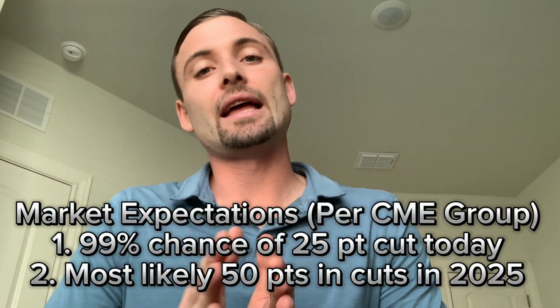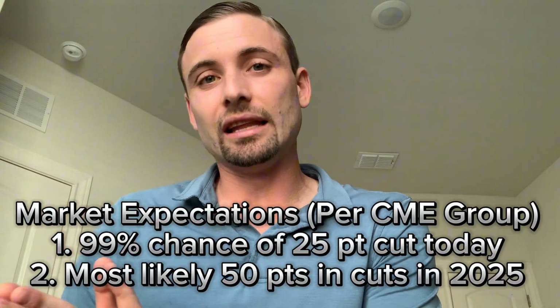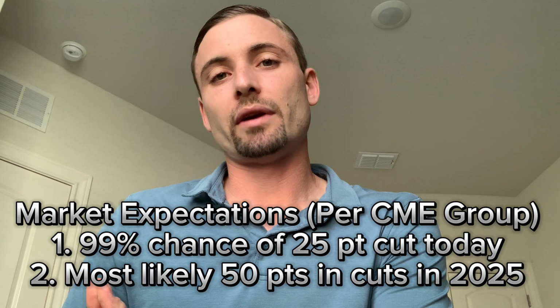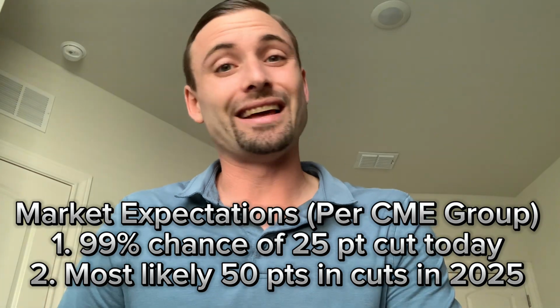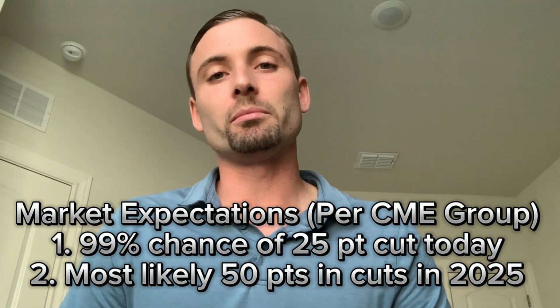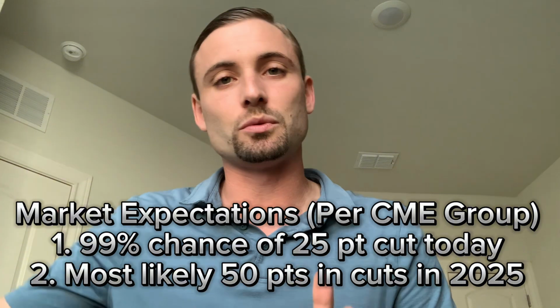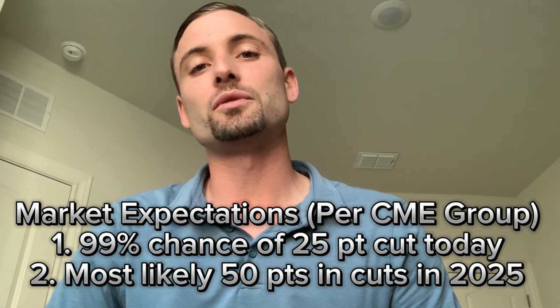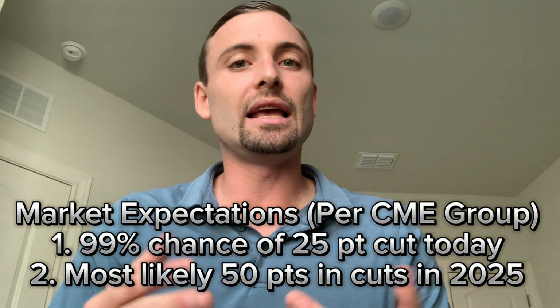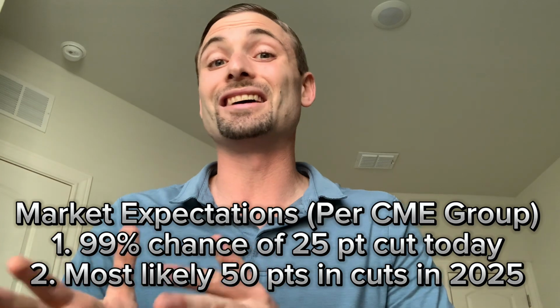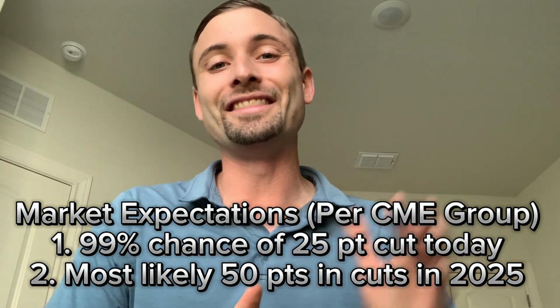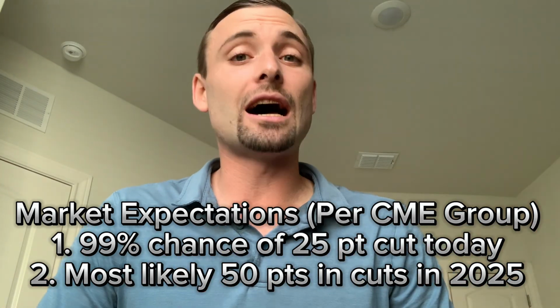So as of right now, market is expecting a rate cut today and then most likely another 50 points in rate cuts in 2025. Now it's very far from a consensus, as is usually the case when it's a year out projection wise. However, it's still noteworthy that this is a lot less than the Fed had projected in their last dot plot.